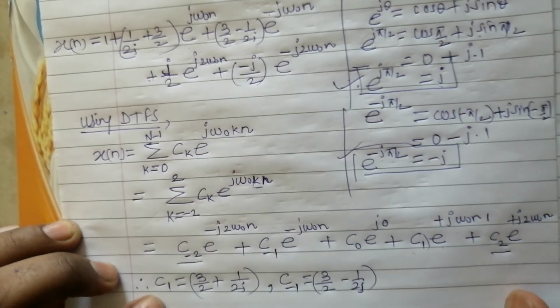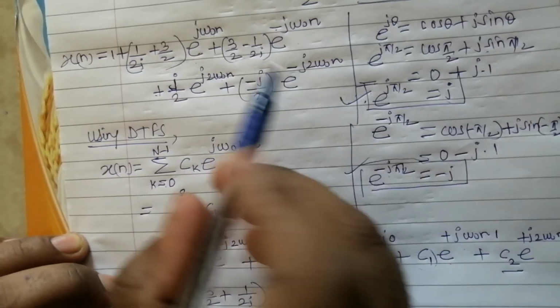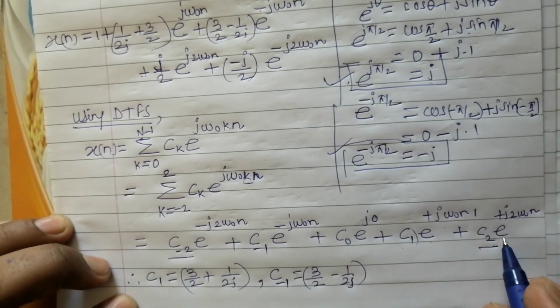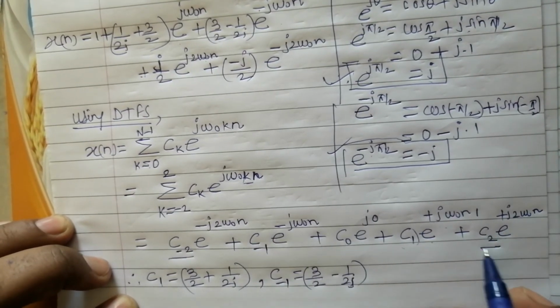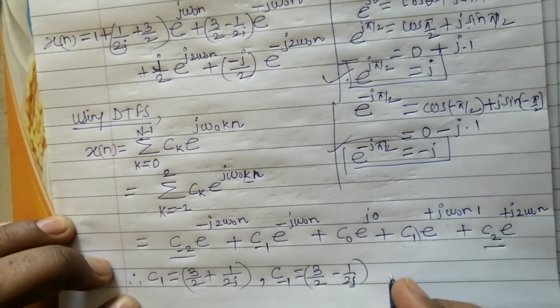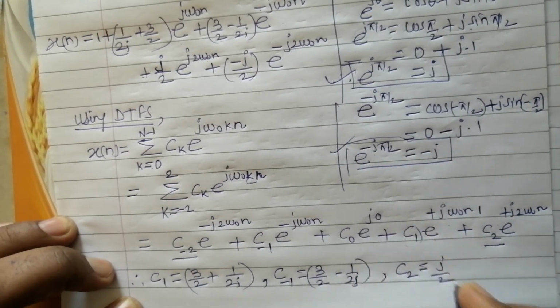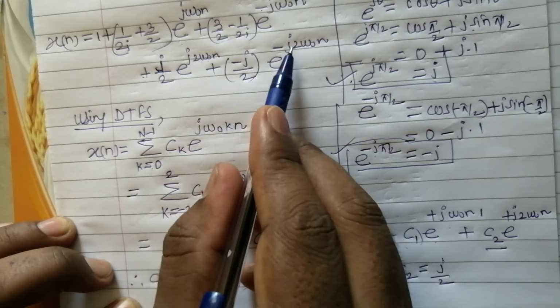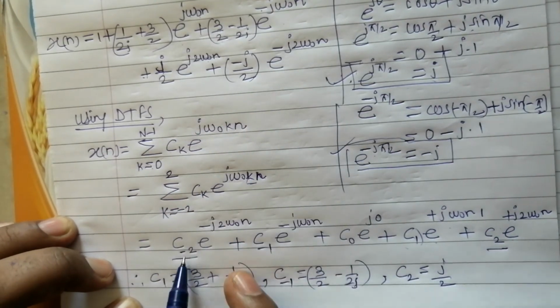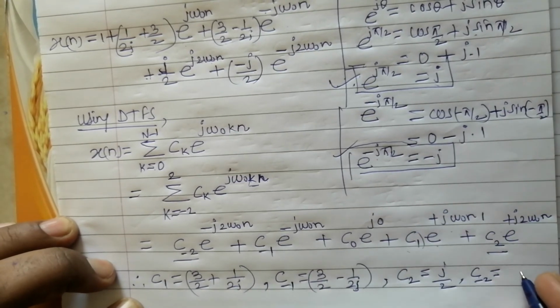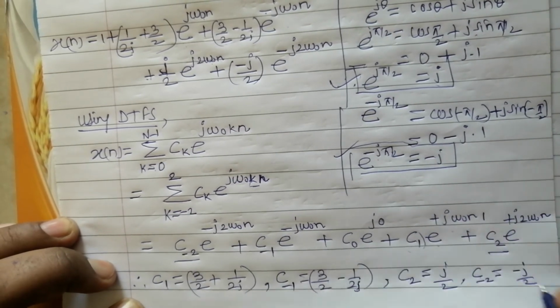Right. Similarly, the next part is e raised to power j 2 omega naught n. तो चेक करो यहाँ पे कहाँ है. So यहाँ पे e raised to power plus j 2 omega naught n. So c2 is nothing but j by 2, and this one is the minus part. So here c subscript minus 2 is nothing but minus j by 2.